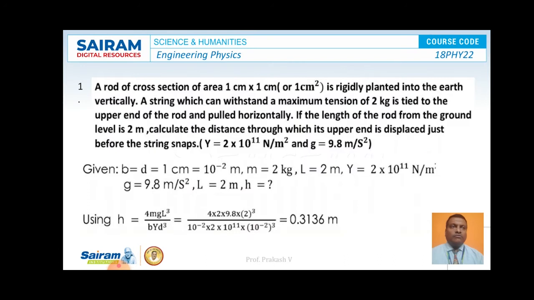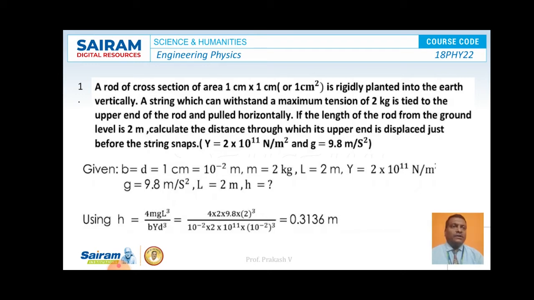Problem number 1. A rod of cross section area 1 centimeter into 1 centimeter, that is 1 centimeter square, is rigidly planted into the earth vertically. A string which can withstand a maximum tension of 2 kg is tied to the upper end of the rod and pulled horizontally.